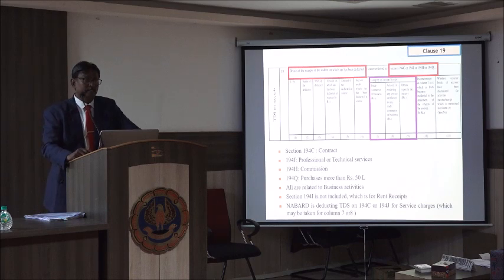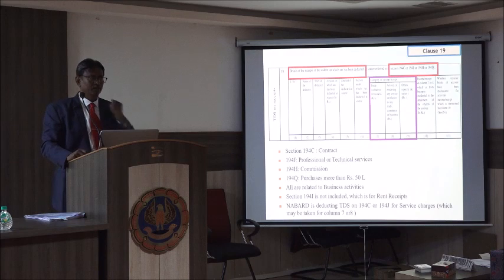So naturally, an assessing officer who is a person can understand, okay, NABARD, he knows about NABARD. But if it is an AI, artificial intelligence, it may not know. It will say 194C, generally it is a business deduction. So naturally, you are doing some business. That is why the person who is giving the money to you is deducting under section 194C and 194J.